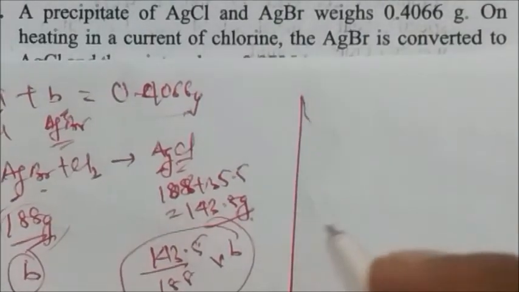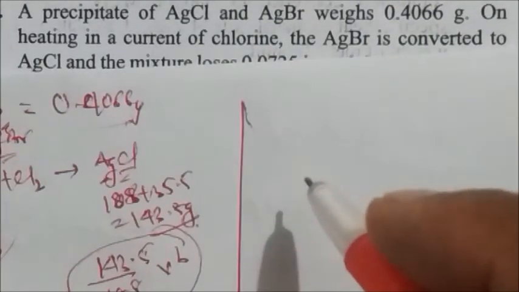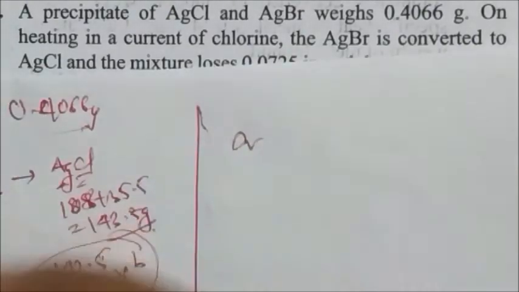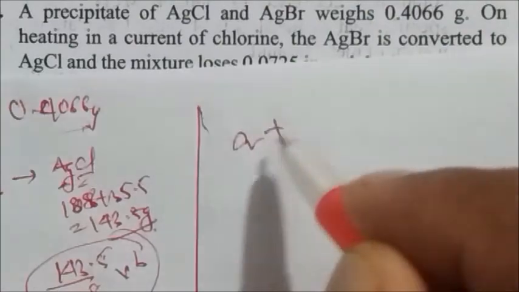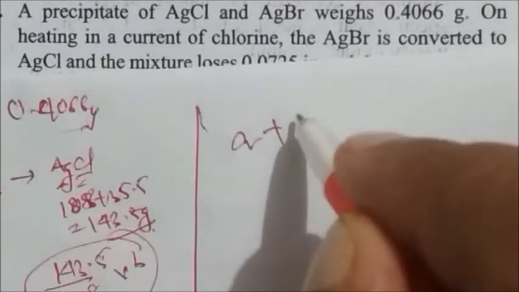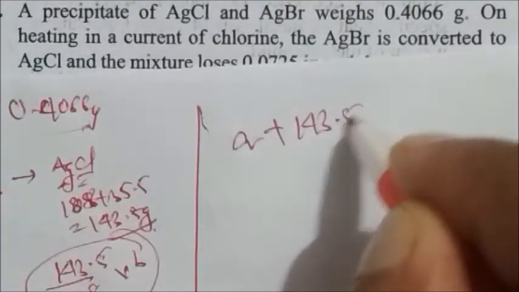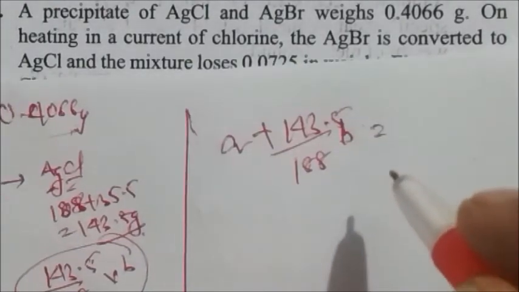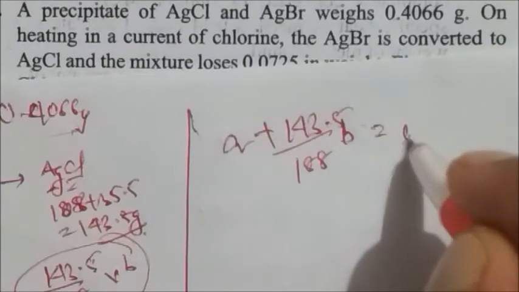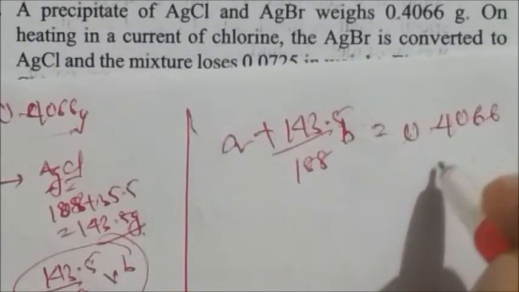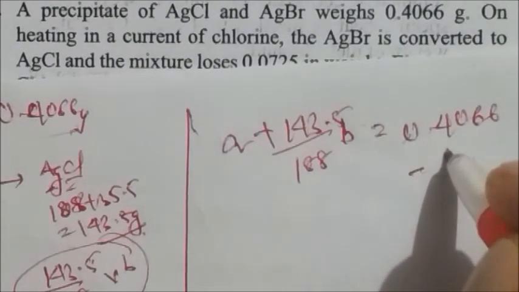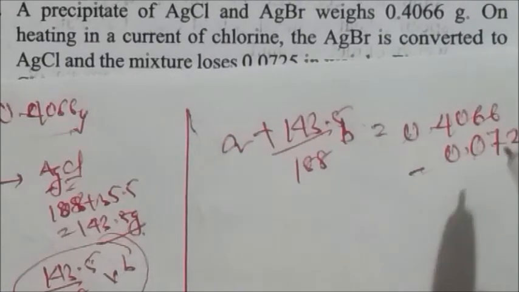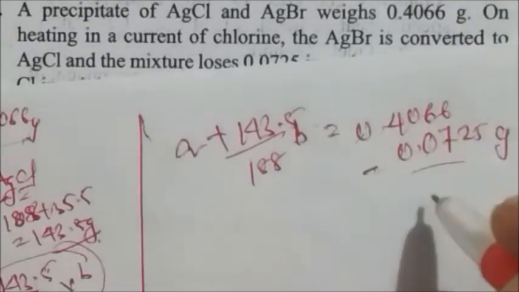Now the total loss: we have AgCl as A gram, already given, plus the new AgCl, 143.5 divided by 188 into B. This is the total amount of AgCl, that is 0.4066 subtracted by 0.0725, which is lost. Now this is the total mass of AgCl.